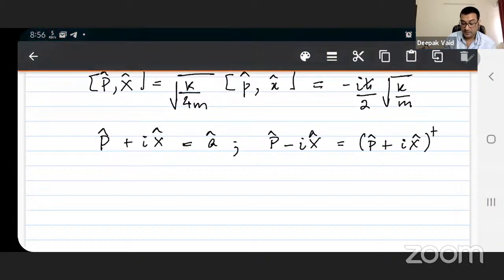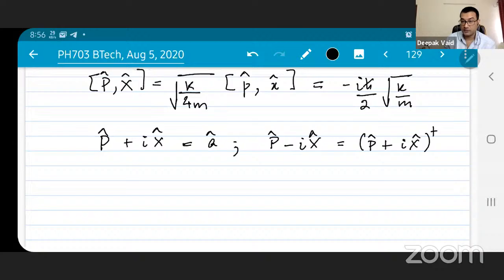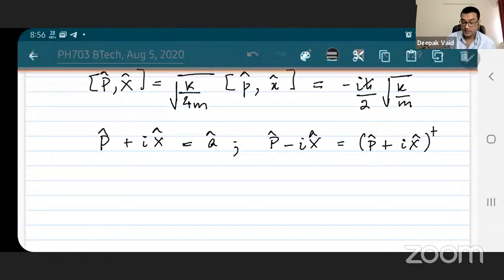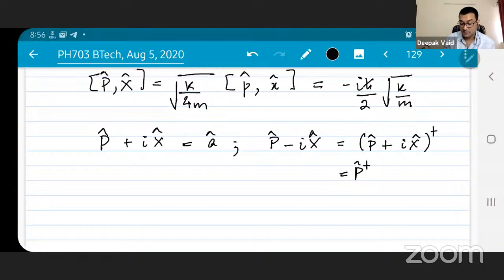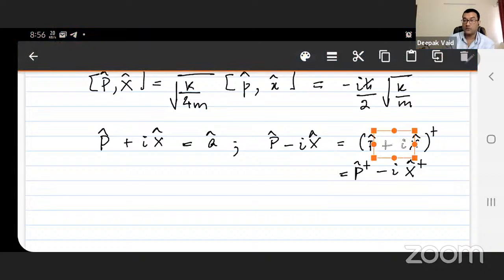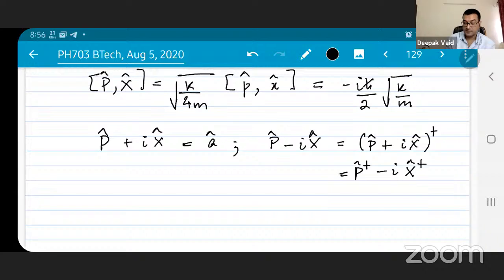So when I take P plus iX and take the Hermitian conjugate of the whole thing, I'll get the sum of the Hermitian conjugates of the two separate terms. Since P is Hermitian, P dagger will just become P, X dagger will just become X. But when I take the Hermitian conjugate, all the complex values also have to be conjugated. So i becomes minus i.